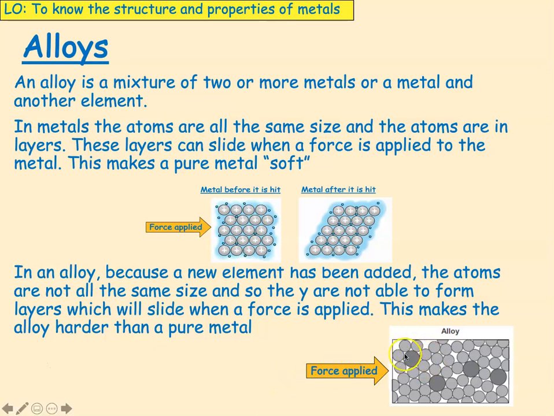So if you look at the picture, you can see big atoms there amongst all the small ones. So they are not able to form layers, and so they will not slide when a force is applied. This makes the alloy harder than a pure metal. So pure metals are soft and alloys are hard.